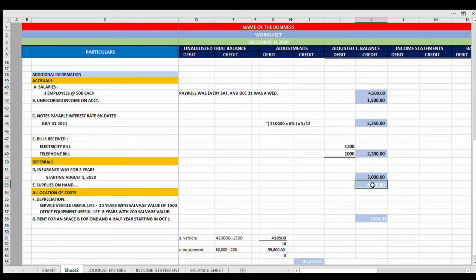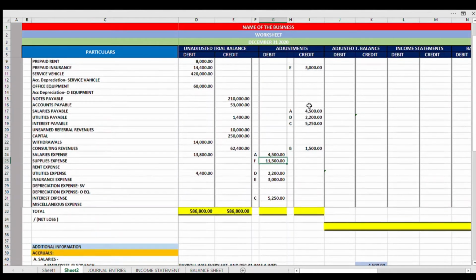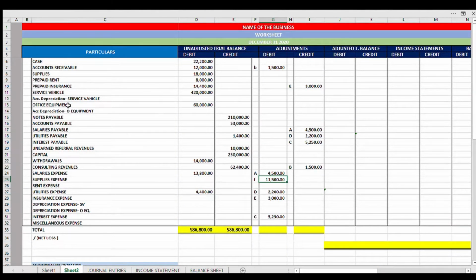So, next one, supplies on hand daw ay 6,500. Yun ang sinabi sa information. So, we will have the entry, debit, supplies expense. Okay, and we will credit the supplies.